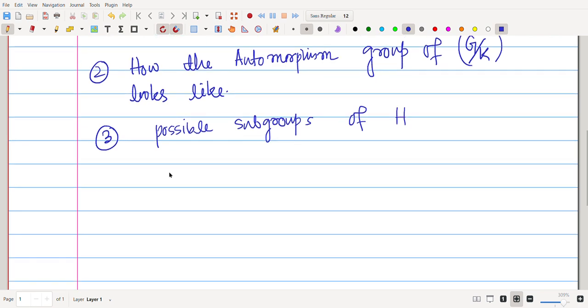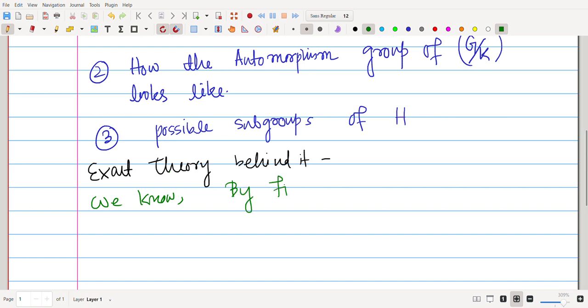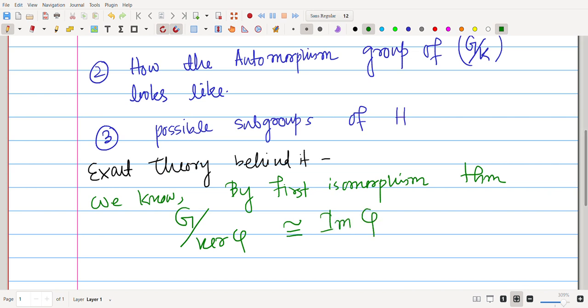So what is the exact theory behind it? By the first isomorphism theorem, G mod kernel phi is isomorphic to image phi, where phi from G to H is a group homomorphism.